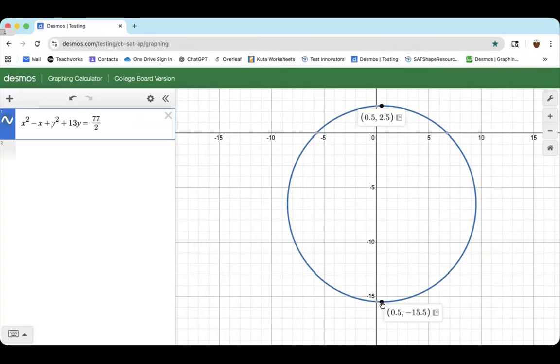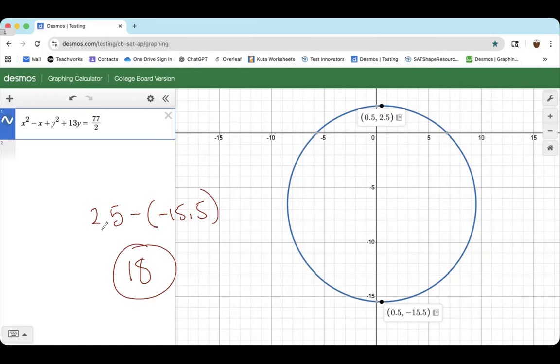So now, in the last problem, I focused on the x because it asked for the x coordinate. But now I'm going to focus on the y's. The diameter is going to be just the distance from the highest point to the lowest point. That's just subtracting them. That's just 2.5 minus negative 15.5, which is just 2.5 plus 15.5, which is really just 18. So the diameter is just 18.